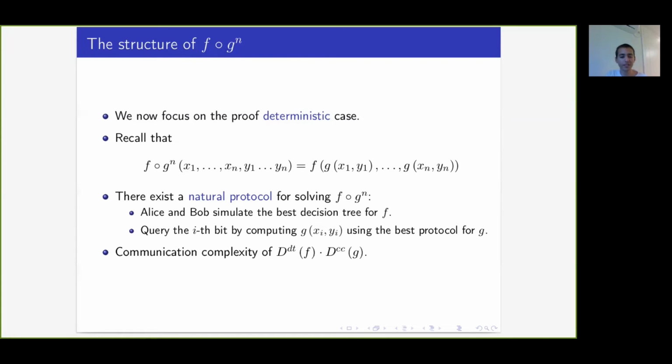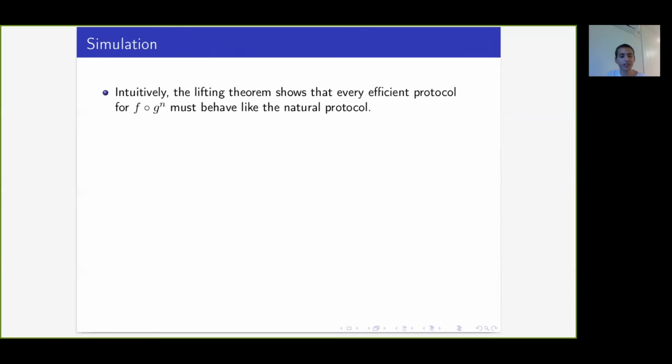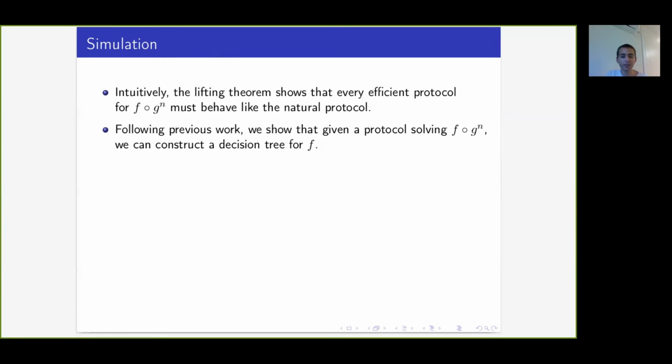The communication complexity of that protocol is equal to the query complexity of f times the communication complexity of G, matching the lower bound of the lifting theorem. We use this protocol as an inspiration for the lower bound. The proof of the lifting theorem shows that every efficient protocol for a lifted problem must behave like the natural protocol.